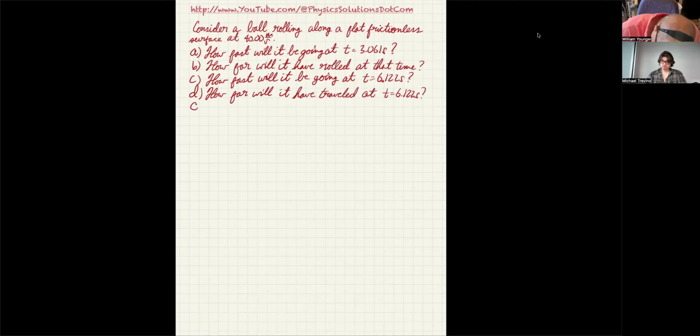And E, how fast will it be going at t equals 6.155 seconds?